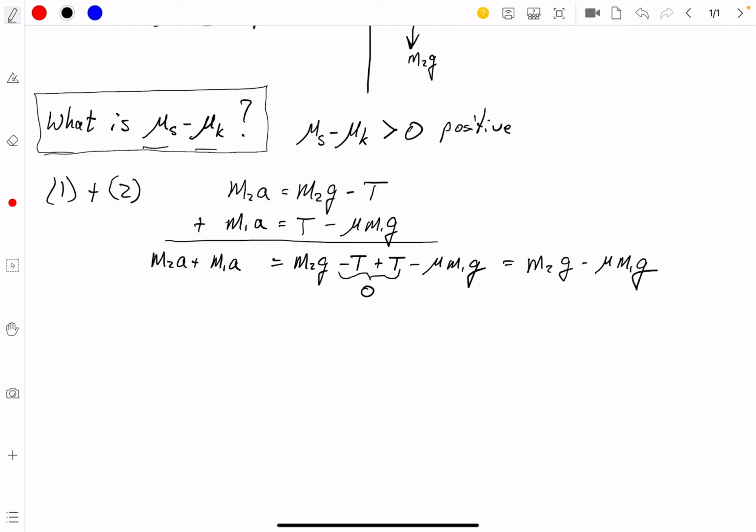Okay, that's our question. What does that mean? That means we want to solve for mu. This term is negative. So I'm going to move it to the other side of the equation, and I'm going to say mu m1g is equal to, then I've got m2g here.